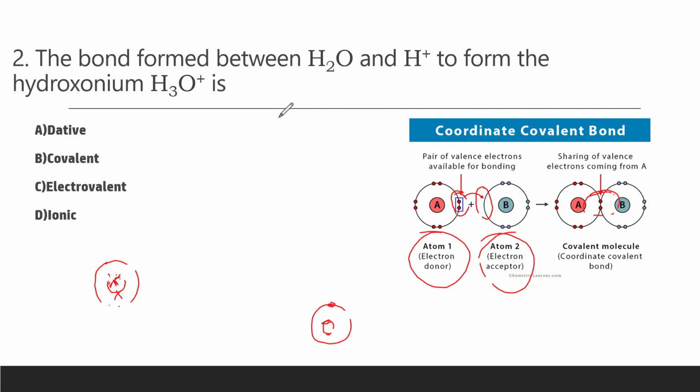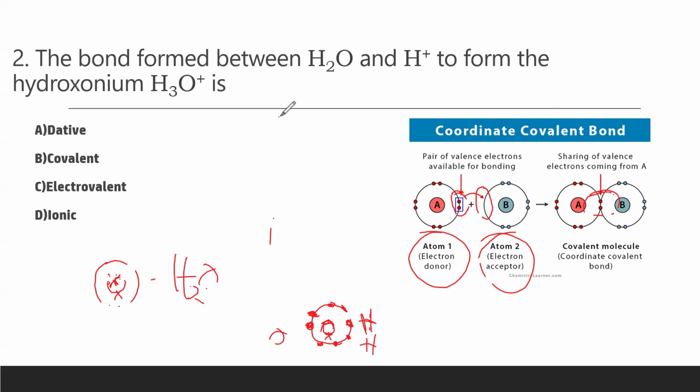And for oxygen, in the second shell, we have 1, 2, 3, 4, 5, 6 electrons, so oxygen has 8 electrons in total. Here, one hydrogen will share its electron, then another hydrogen will share its electron. So we have 1 oxygen and 2 hydrogen making the water molecule.